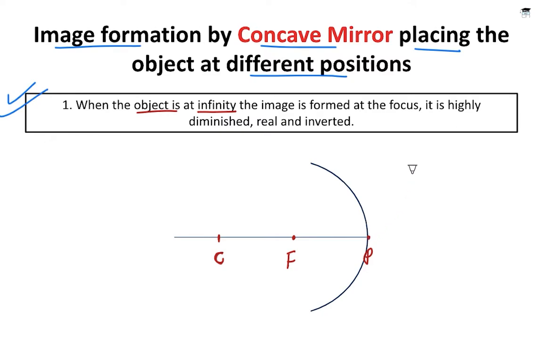As I told you before, out of the 4 cases we have to choose any 2 cases. So here the first case that I am going to choose is a ray of light which is parallel to the principal axis. Okay, so let's draw it. The first ray that I have chosen here is the ray of light that is parallel to the principal axis, because the light rays that come from the object at infinity are always parallel to the principal axis.